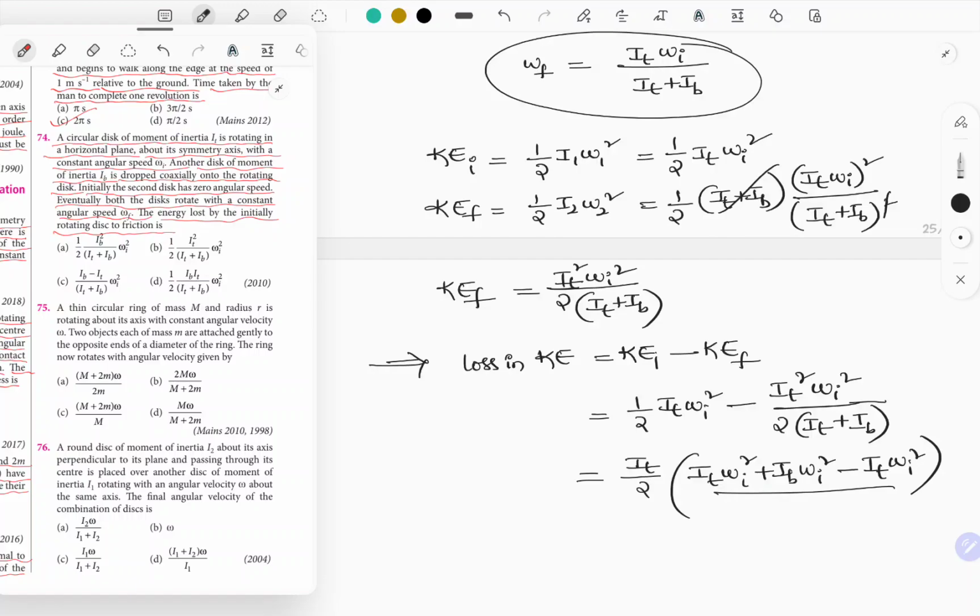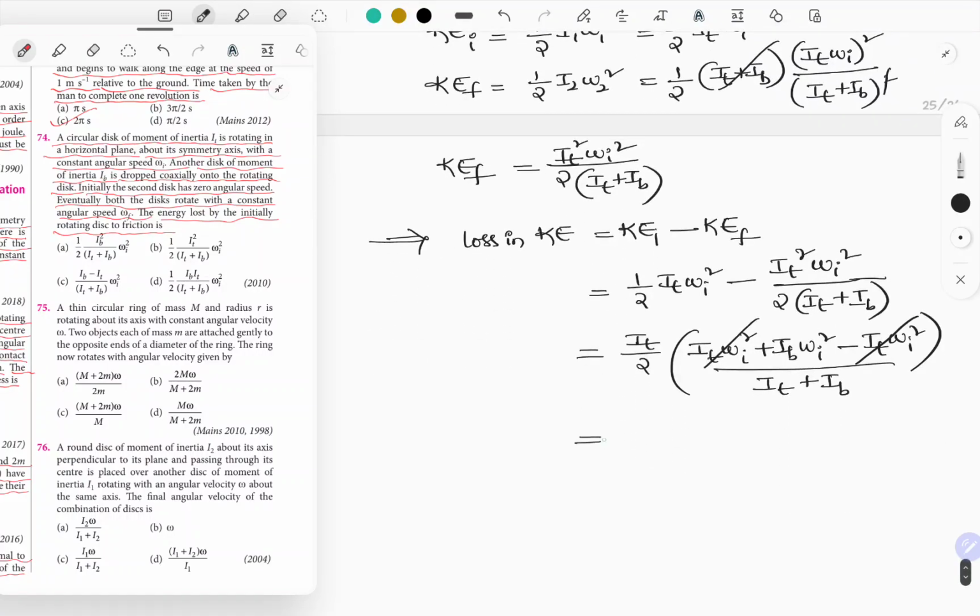So in the denominator we are going to get it plus IB. So it omega I square will get cancelled out. Now I'm left with an answer 1 by 2 into it IB omega I square divided by it plus IB.